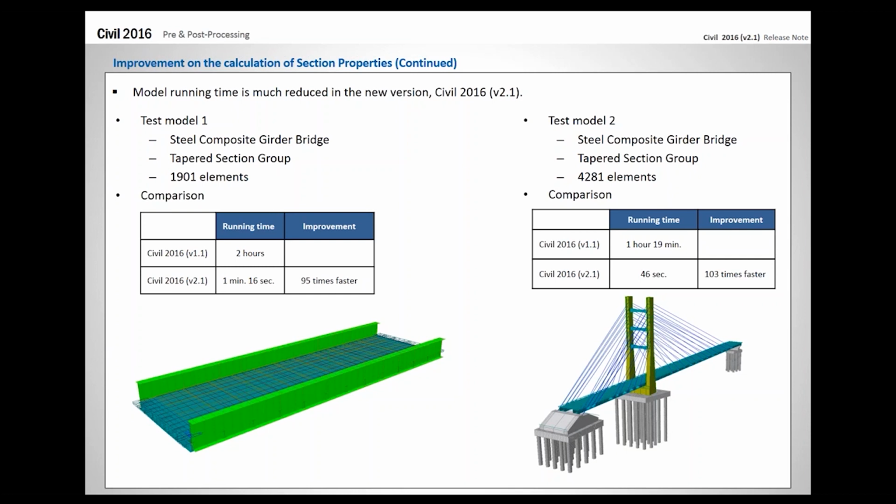As an example, for the slide on the left, just running analysis for that model took 2 hours, but now it's only taking a minute and 16 seconds. On the right, that structure took an hour and 20 minutes. Now it's taking only 46 seconds.